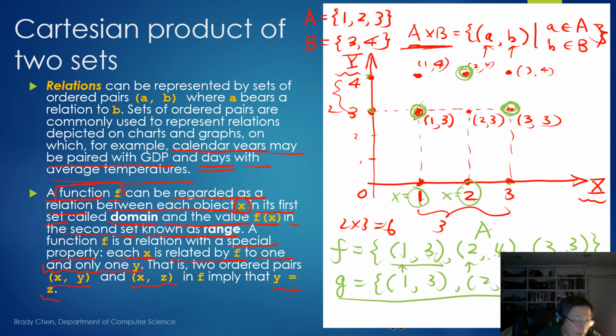So that's g: 1 to 3, 2 to 3, and 3 to 4. That basically defines the function g, and this defines the function f.